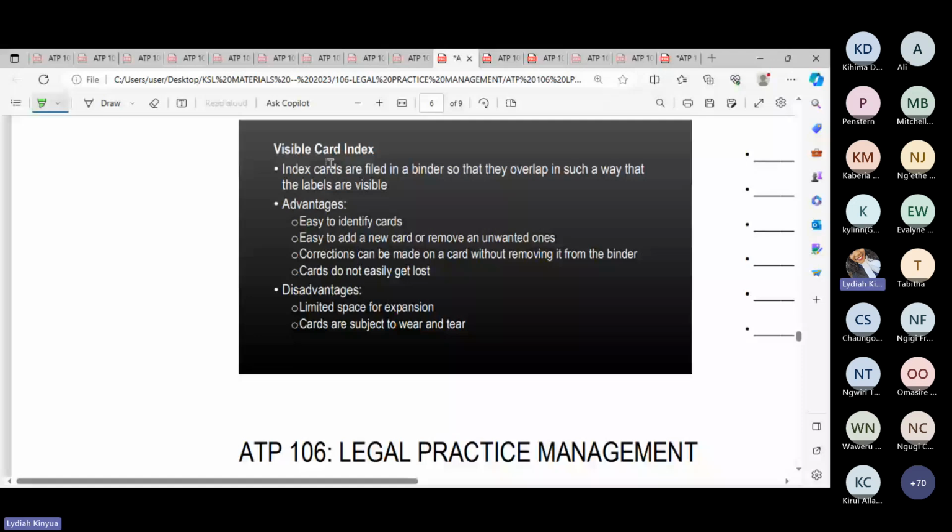But do you know the easiest way of understanding this is by seeing a photo? By then we would have done it together with you. We can look at a visible card index, and you can even do it with your phone. That's what I used to do when I was revising for this unit. I'd Google visible card index and see how it looks, and everything would make so much sense. So that's my advice.